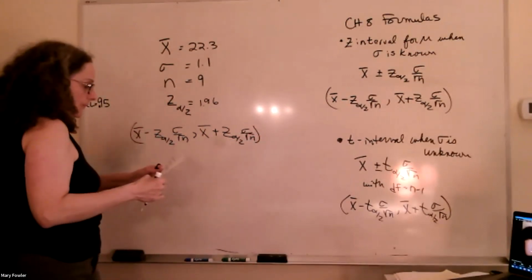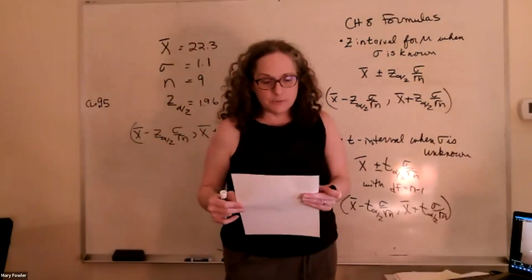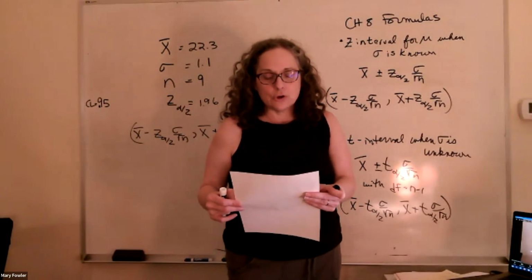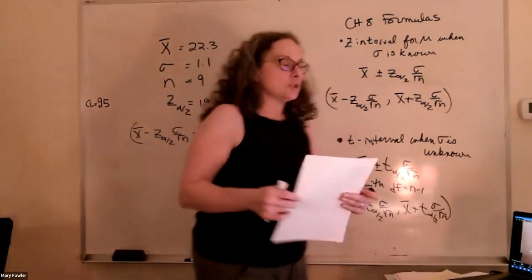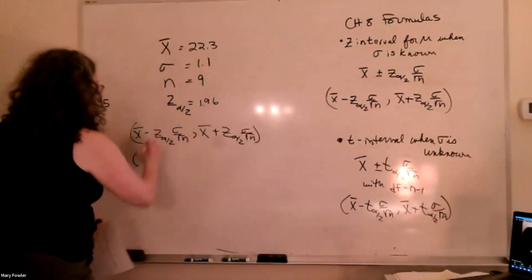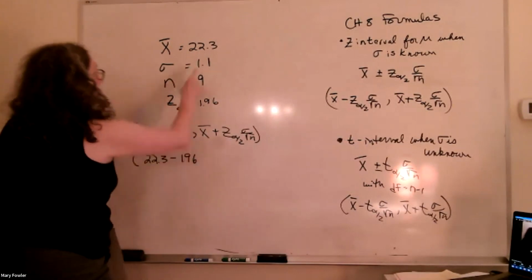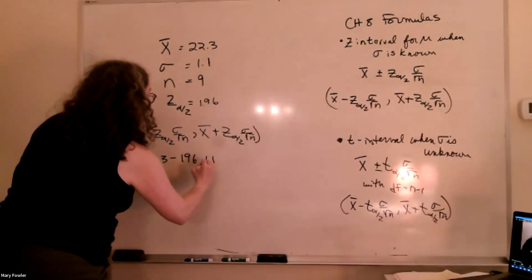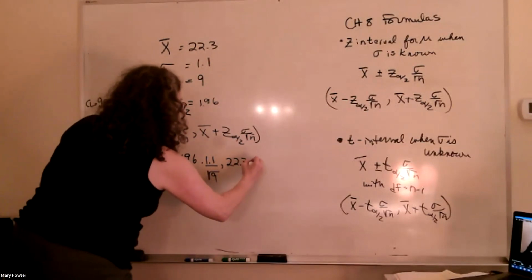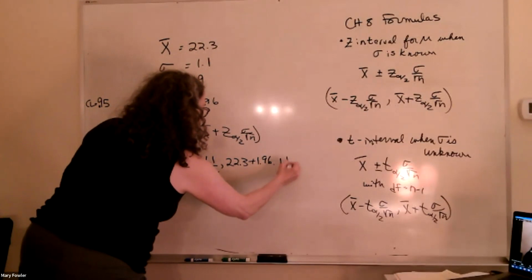You'll notice on the question sheet, I said be sure to show Z sub alpha over 2 or T sub alpha over 2, your margin of error and an interpretation. The margin of error is going to be this piece here. So we'll start by substituting in 22.3 minus 1.96 times 1.1 over the square root of 9, to 22.3 plus 1.96 times 1.1 over the square root of 9.